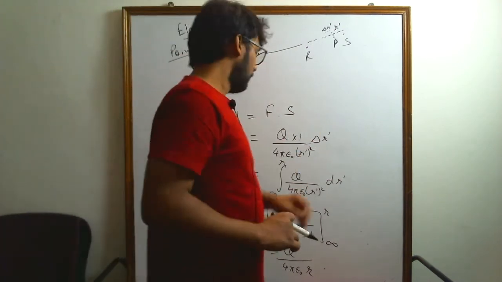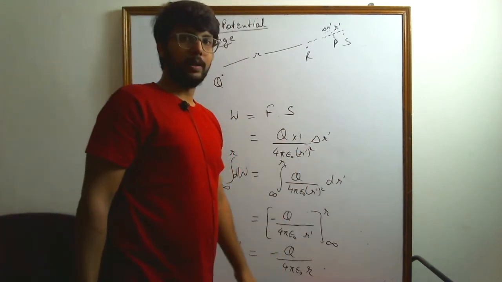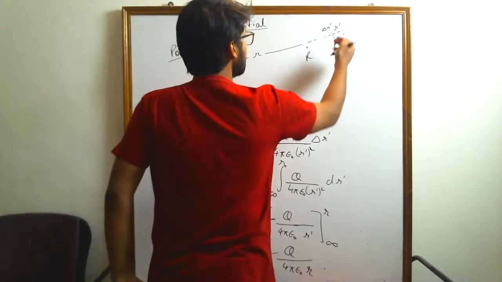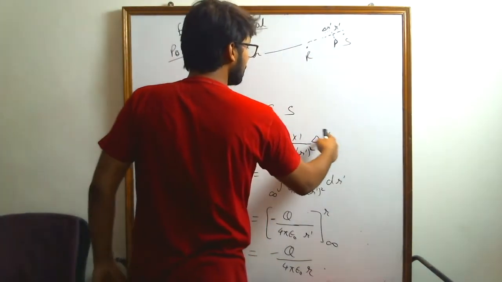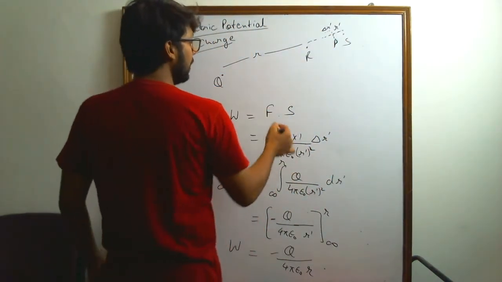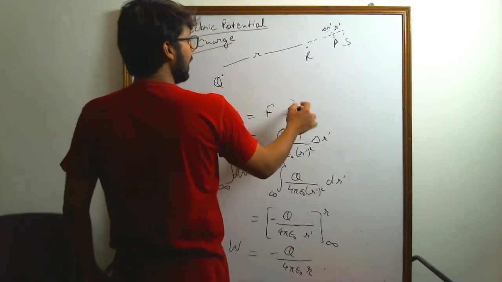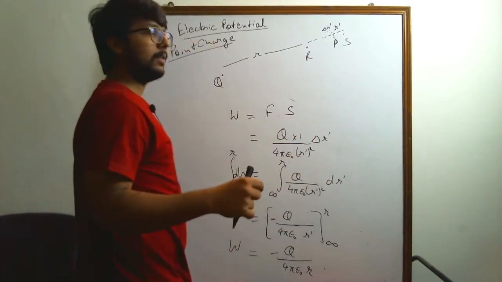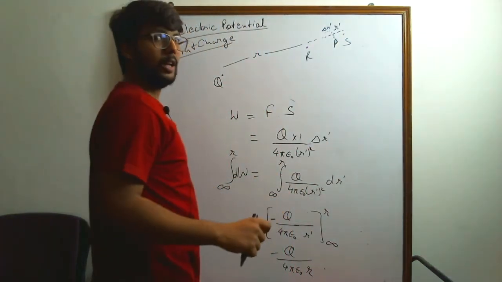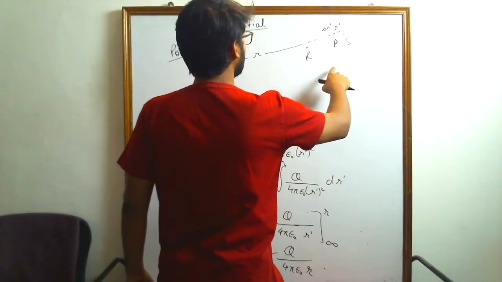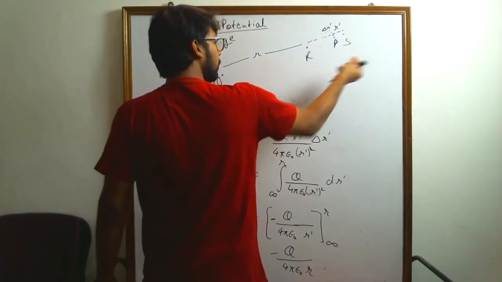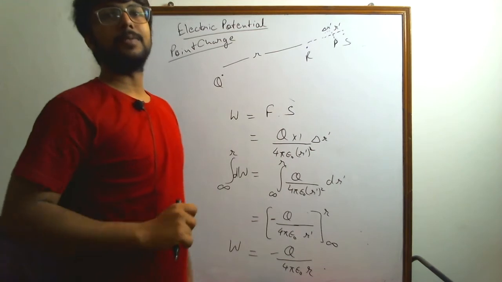Okay, now why is there a negative sign over here? This is very important. Because this delta r that I was taking is negative. I'm taking it this way, right? So remember, F dot S here will be negative. Why? Because my force is from that side. The electric force is from this side, and the movement is in the negative side.